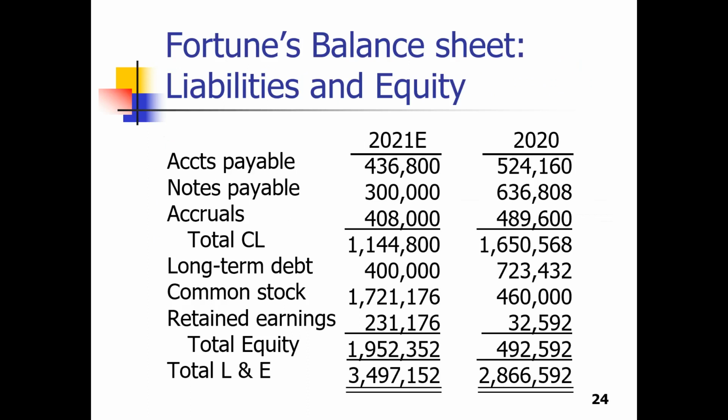This is an unusual case where common stock had gone up from 460,000 to 1,721,000. That means this company issued seasoned equity, something that companies usually don't do, and it smells bad, right? But this one had done it, and you can see it from the balance sheet. If a company issues seasoned equity, this common stock account goes up.